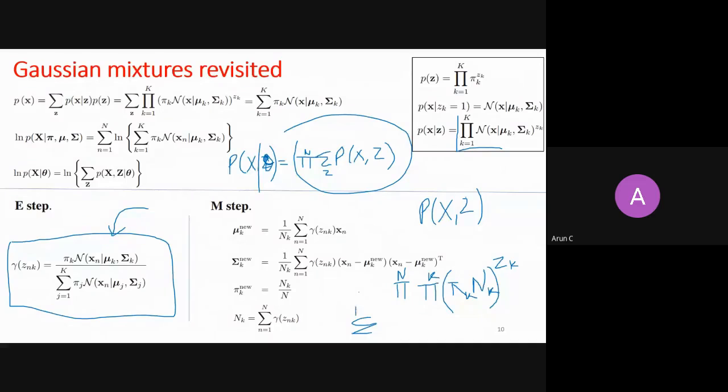Summation over n, then summation over k, then z k times log pi k plus log N k. Log N k means it is a normal distribution, so the log will cancel that exponent, and the inner side of a quadratic form will come here, right?